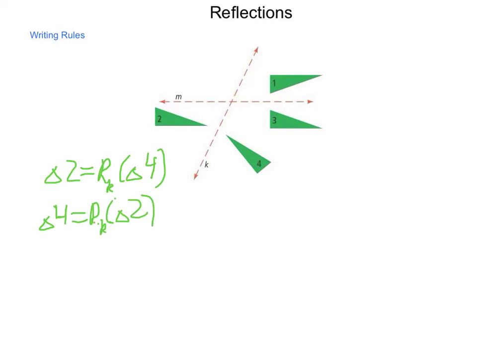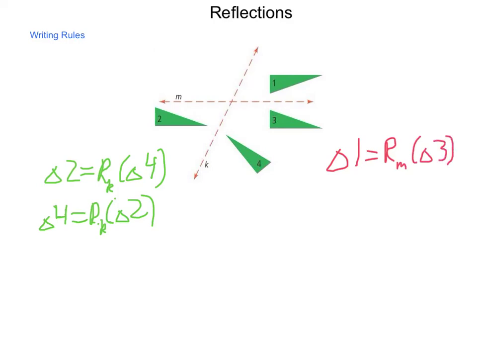Now, in similar fashion, we could also do the same thing for finding the reflection of triangle 1. Based on location and proximity, triangles 1 and 3 are reflections of each other across line M. So, writing this rule, we'd say that triangle 1 equals a reflection across M of triangle 3.